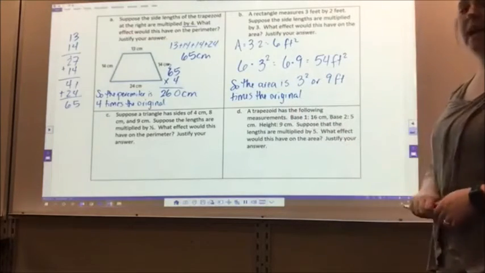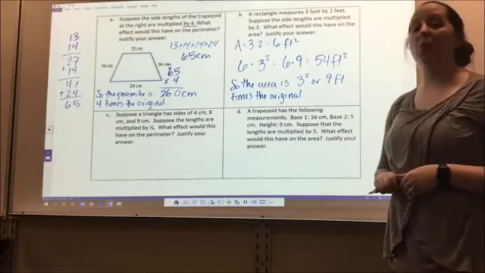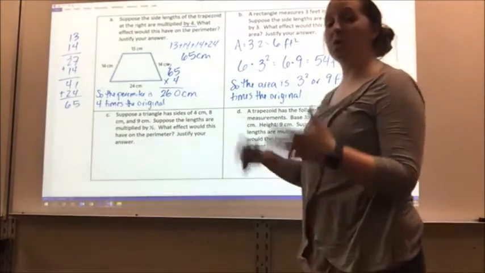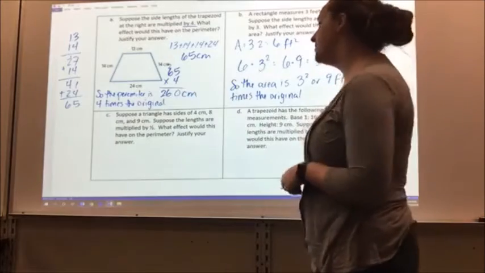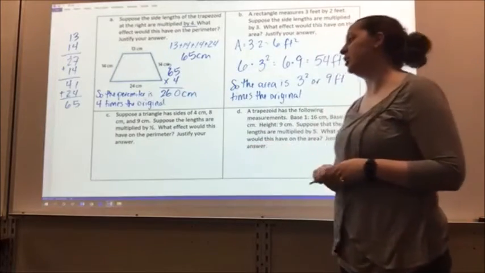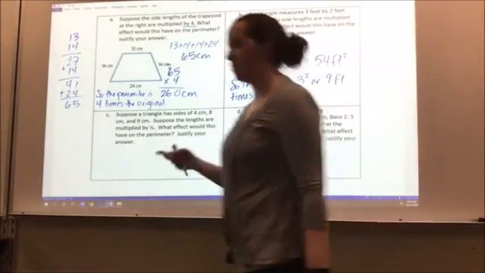Okay, for letter C, I have, suppose a triangle has sides of 4 centimeters, 8 centimeters, and 9 centimeters. Suppose the lengths are multiplied by 1/2. So with dimensions, you can do bigger or smaller, completely dependent on what they're asking for. What effect would this have on the perimeter? Justify your answer. So again, we're doing perimeter, and it's a triangle, so there's 3 sides.